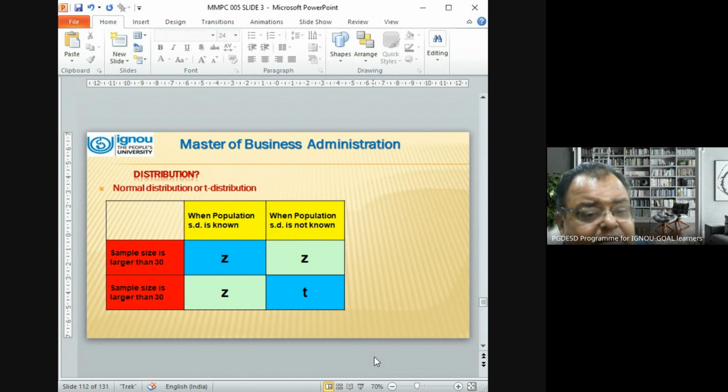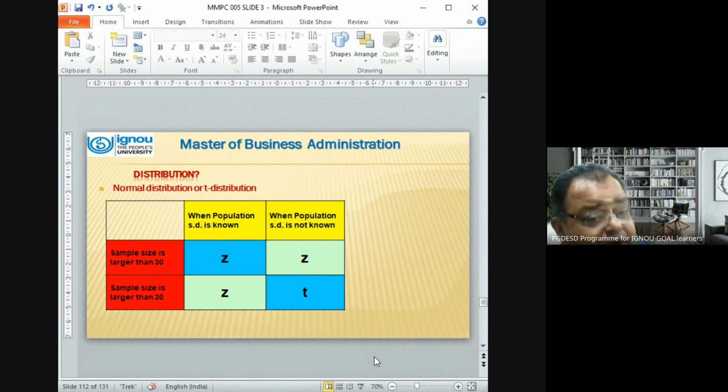Normal distribution or T distribution. See to it, when the sample size is large, above 30, what we are going to do. When population SD is known, we apply Z test. When the sample size is smaller than 30 and population SD is known, we apply Z test. When the sample size is larger than 30 and population SD is unknown, we apply Z test.